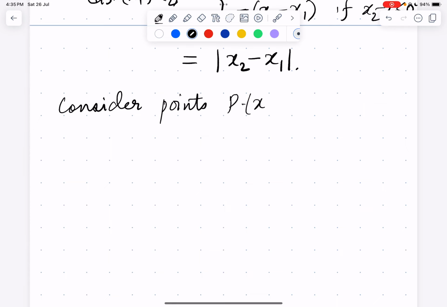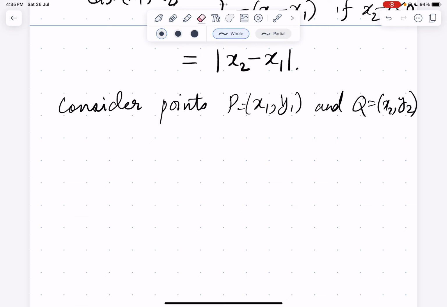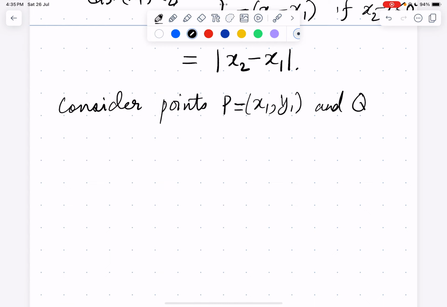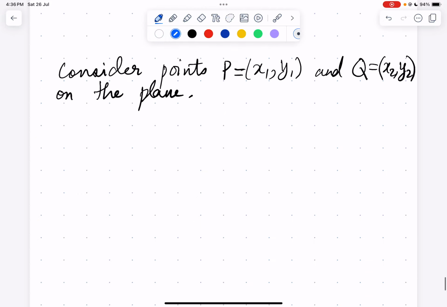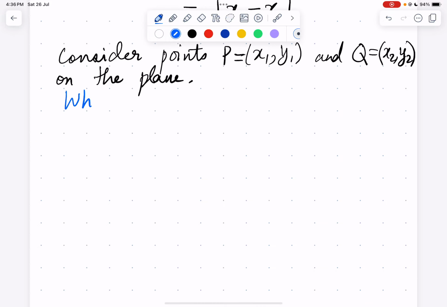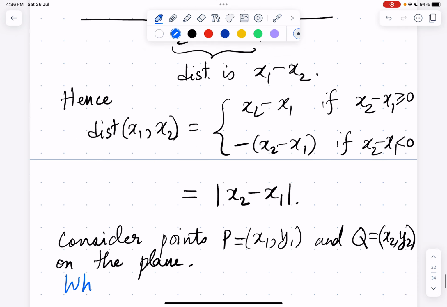Consider points P equals x1, y1 and Q equals x2, y2 on the plane. So consider 2 points x1, y1 and x2, y2 on the plane. We can ask the same question. So what is the distance between the points?